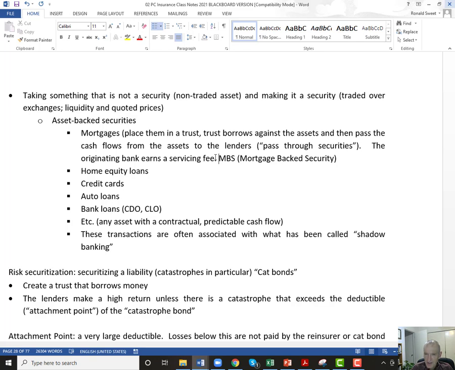They can do it not just for mortgages, but home equity loans, if banks even do home equity loans anymore. You can take all your credit card loans and put them in a trust. Auto loans, or your own bank loans where you loan money to businesses. Those are called CDOs and CLOs, collateralized debt obligations, collateralized loan obligations.